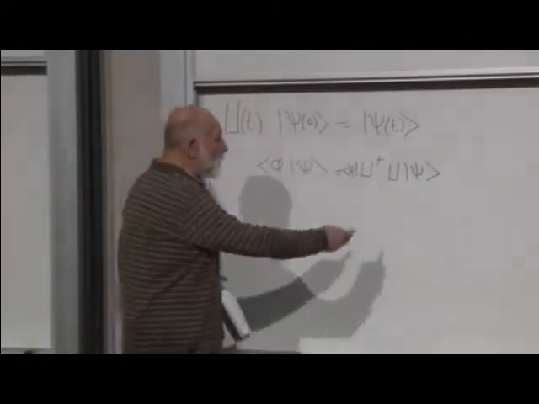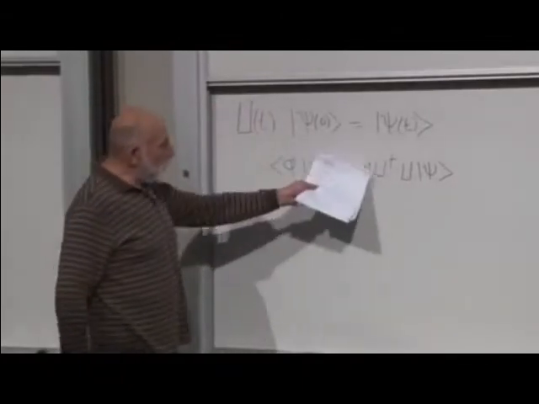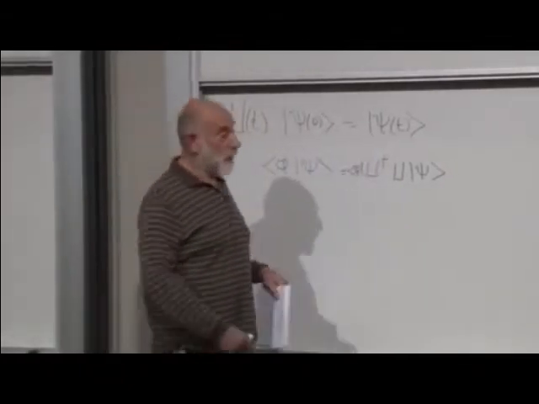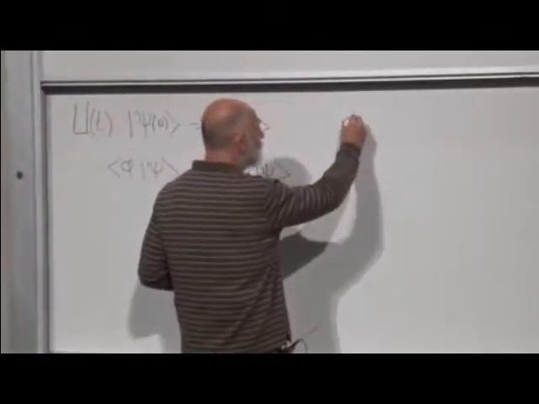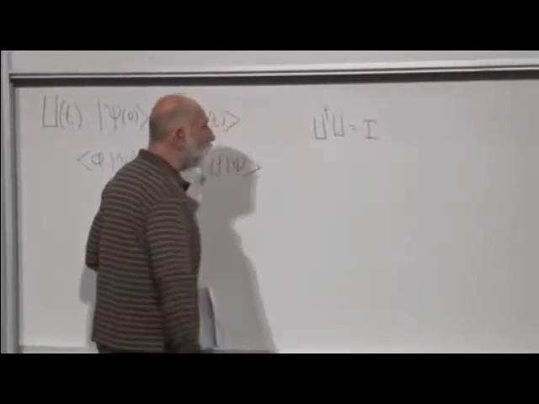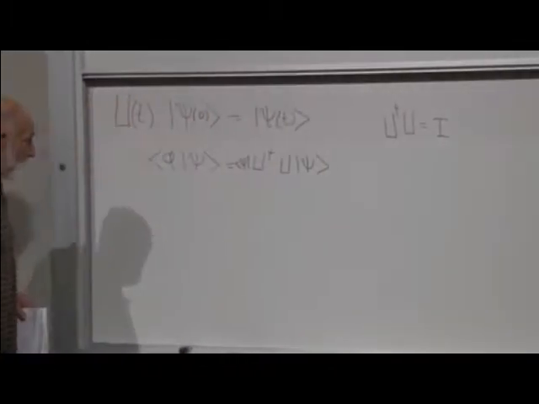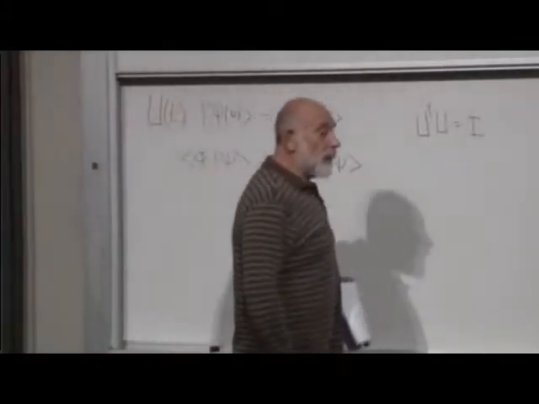Okay. That can only be true for arbitrary pair of psi and phi if U dagger times U is the unit operator. And that's called a unitary operator. U dagger times U is the unit operator, or the identity operator, or just 1. That's the notion of a unitary operator, and the time evolution.